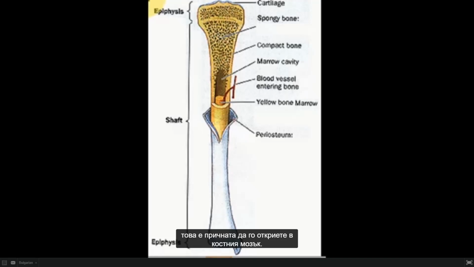That's the reason you find that in the bone marrow. At the same time, the emotional side wants to guarantee its existence, and calcium is important. So it makes all the time connections between the immune system and the bone connection, which is the calcium.